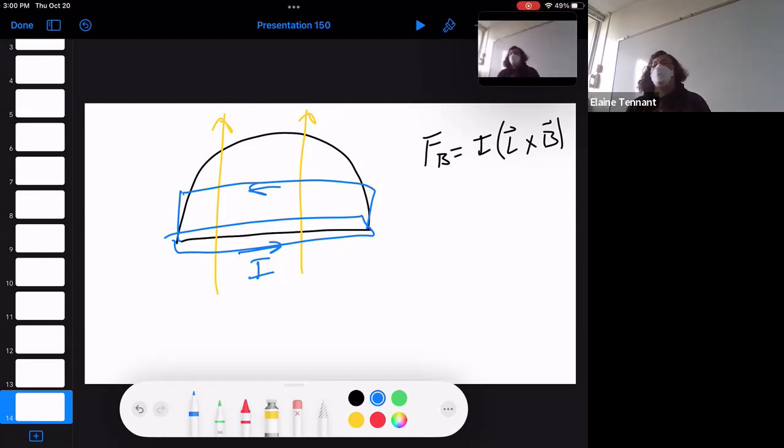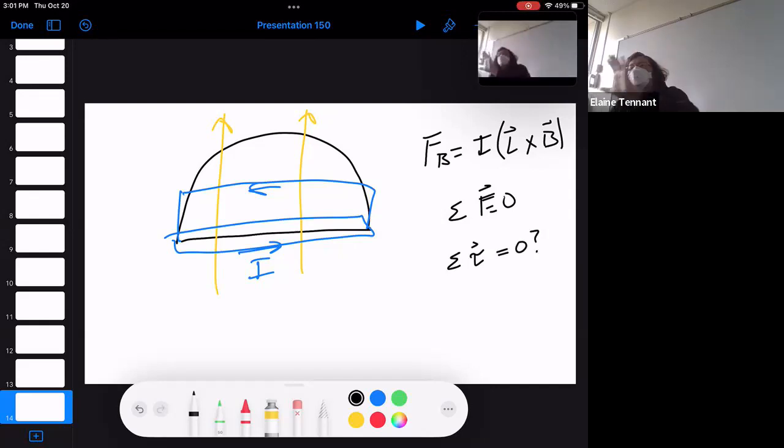Okay, here's the tricky part, guys. You have correctly told me that the net force acting on this thing is 0. It is an equilibrium. But is it in static equilibrium? For something to be in static equilibrium, not only does the net force have to be equal to 0, but the net torque has to be equal to 0 as well.